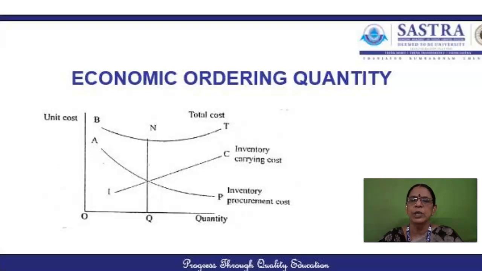Once again, the EOQ calculation will also be based on assumptions. And once again, it is not an easy job to estimate the cost of acquisition and cost of possession in a very accurate manner. This will require highly skilled cost accountants.